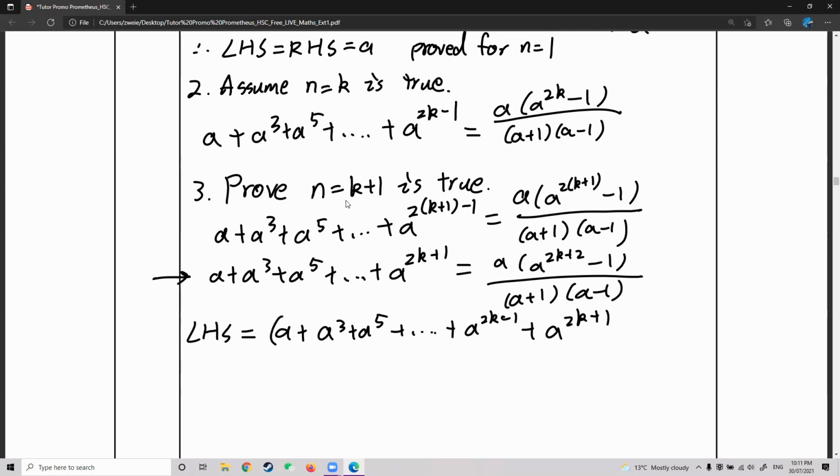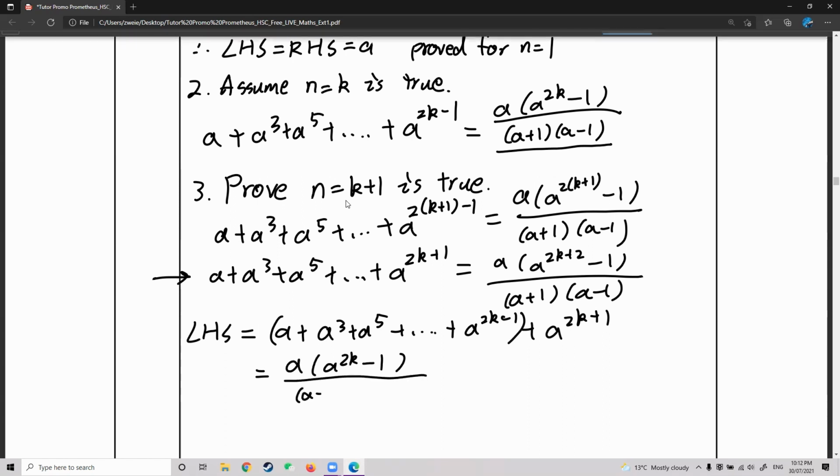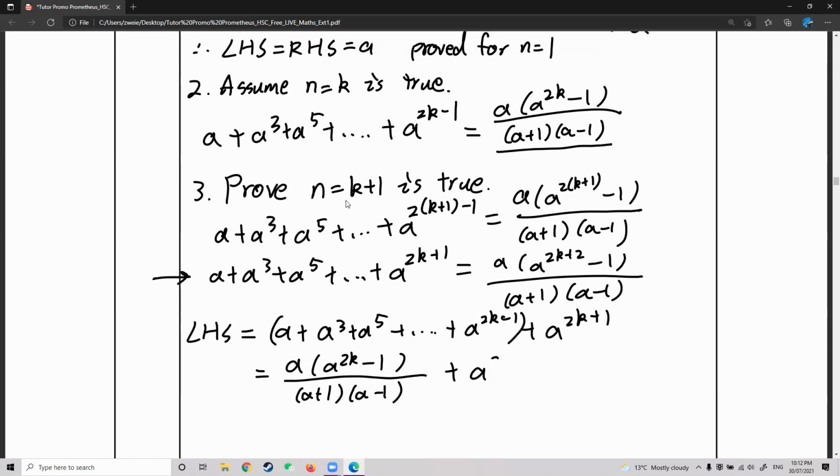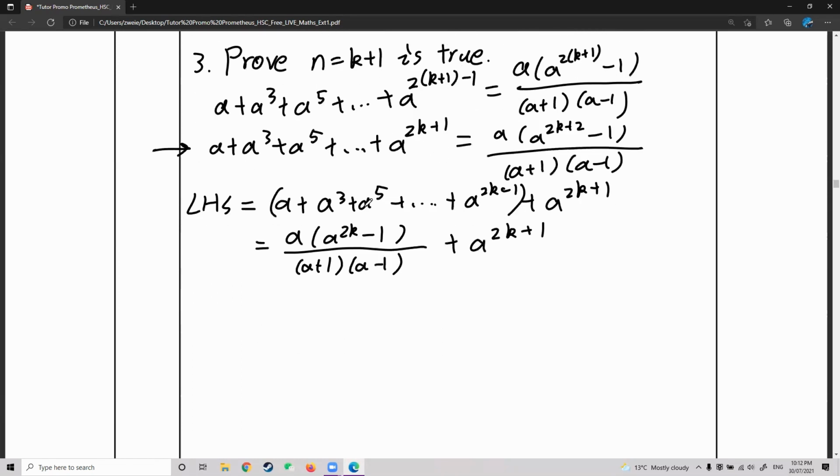Our first part, we assume that it is true, equals the part we're given. So we have a_{2k−1} over a plus 1, a minus 1, plus a_{2k+1}. We're replacing by n equals to k.